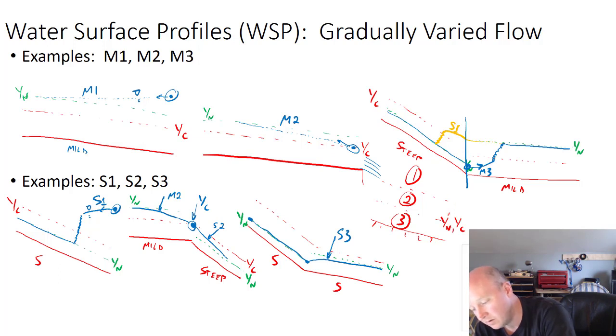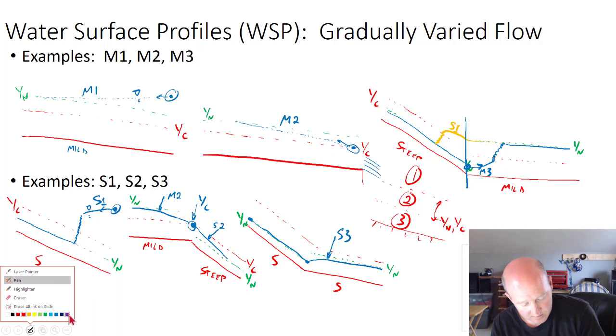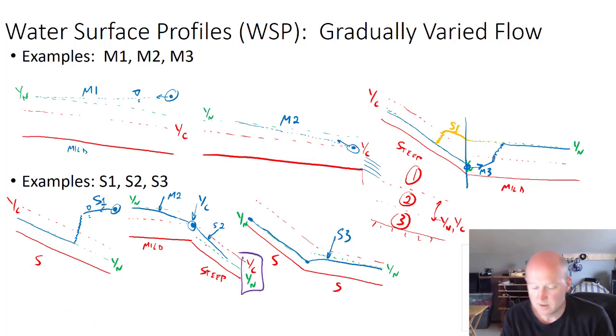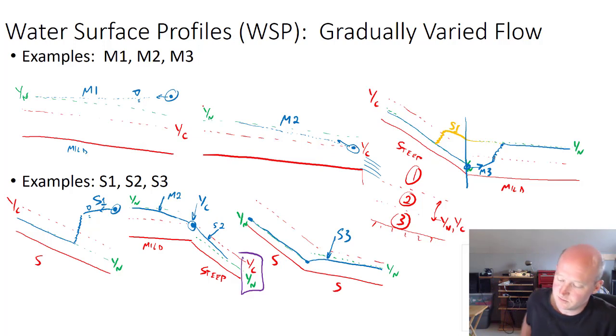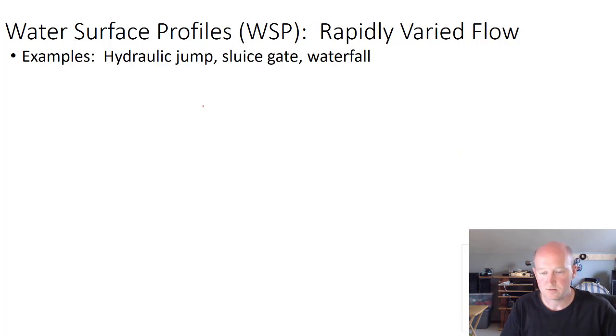It could be either one of those, and those are going to switch based on whether it's steep or mild. All the time that you see a steep slope, normal depth is going to be less than critical depth. And conversely, for a mild slope, normal depth is always going to be deeper than critical. So basically, you'll identify the slope type, M or S, and then you'll figure out where the curve is actually going to land. Is it 1, 2, or 3? And that's how we'll describe these things.